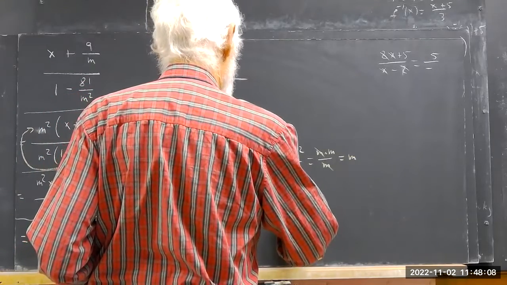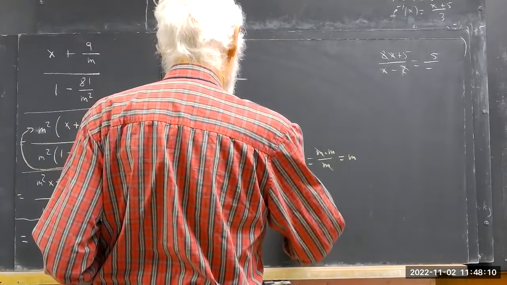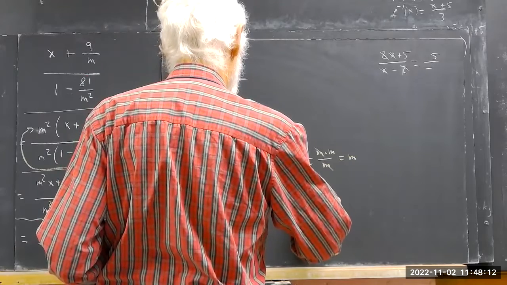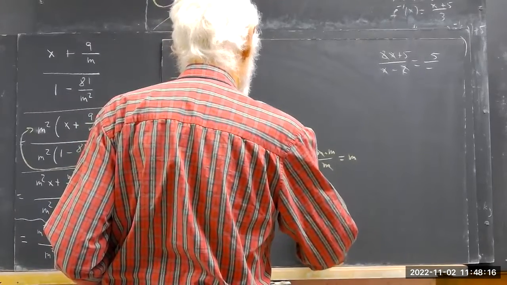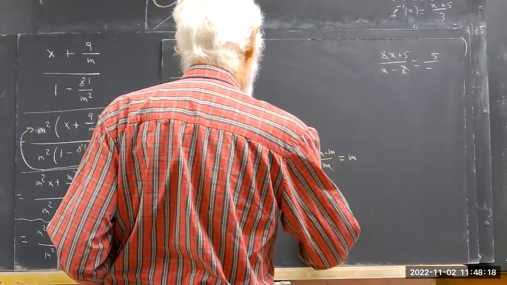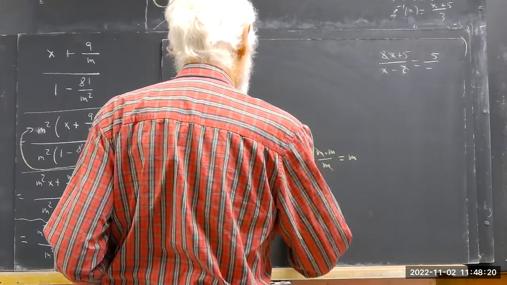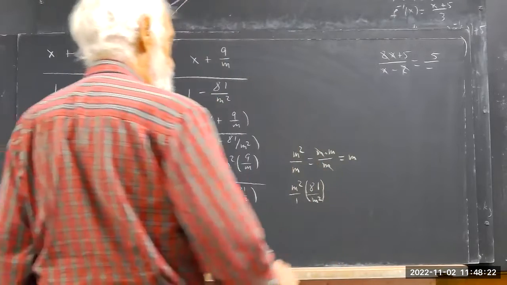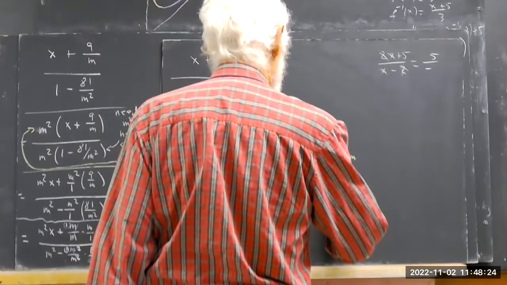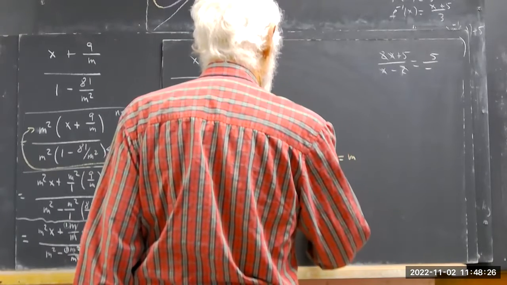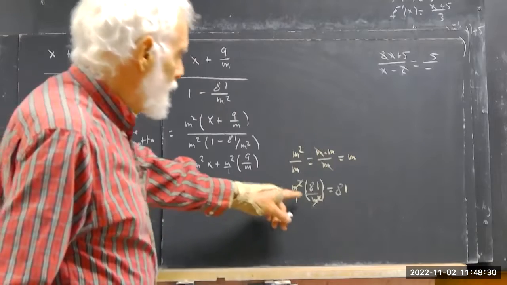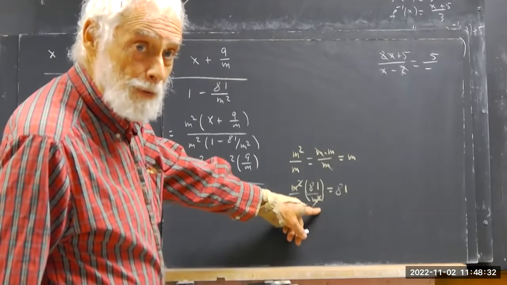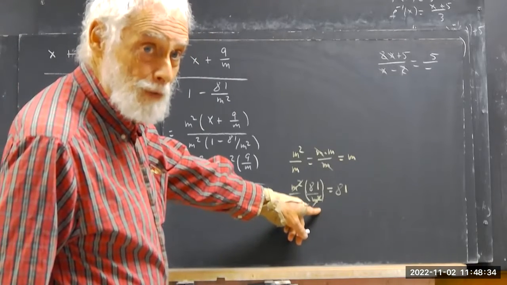Also then, this is 81, because this m squared is divided by this m squared. Gives you 1.